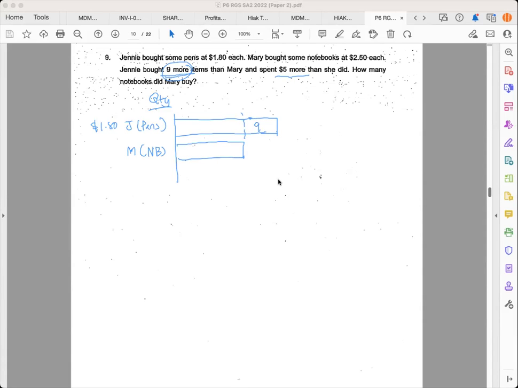Now let's look at the value model. So these 2 are Jenny and these 2 are Mary. Remember, Jenny only bought pens. The statement says Jenny spent $5 more than Mary.